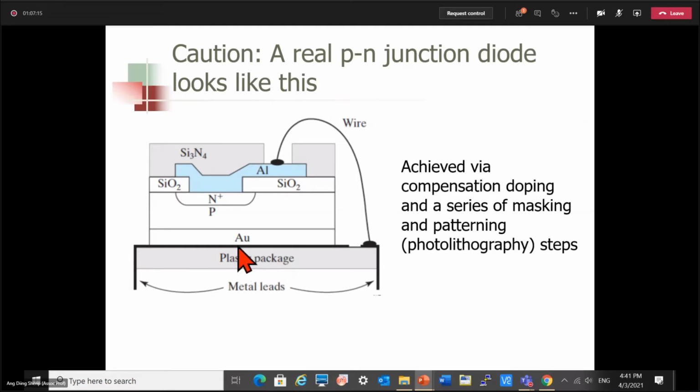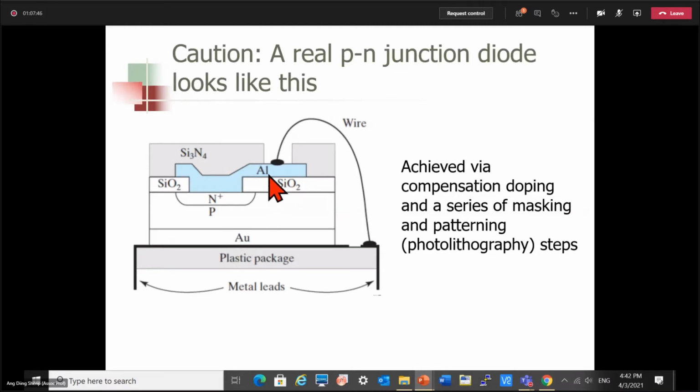Okay, so essentially it's a vertical device. All right, a PN junction usually is a vertical device because it is easier to fabricate a vertical PN junction than a horizontal PN junction. Okay, so you have the N and the P region, and you have the insulator. All right. And then on top of the N region, we have a metal making the contact to the N. And at the bottom of the P region, we also have a metal making contact to the P region.